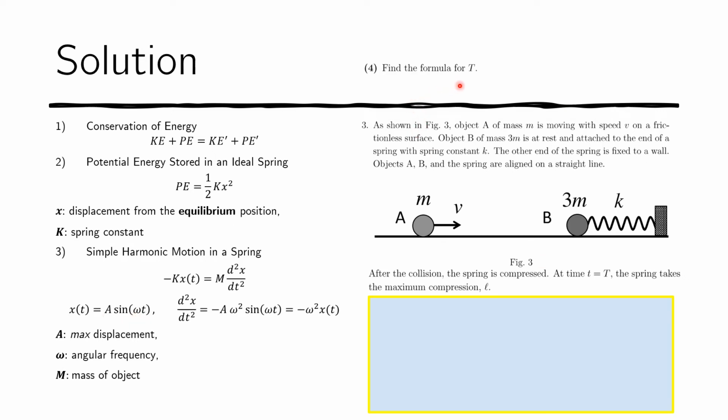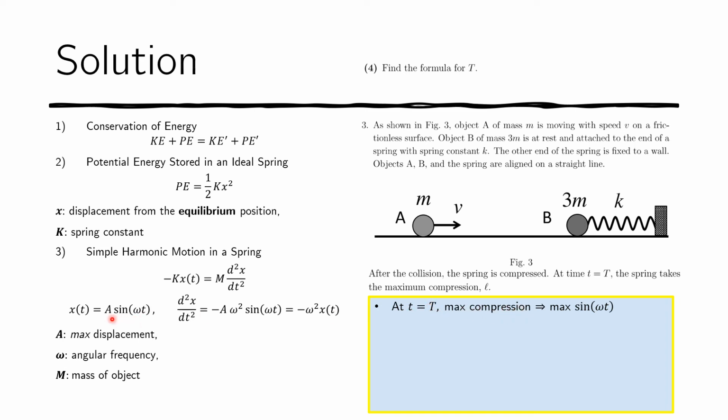Question 4, we need to look for capital T, and that is, again, the time when the maximum compression happens. And we will use these relationships here to find capital T. So again, capital T is when the maximum compression happens.